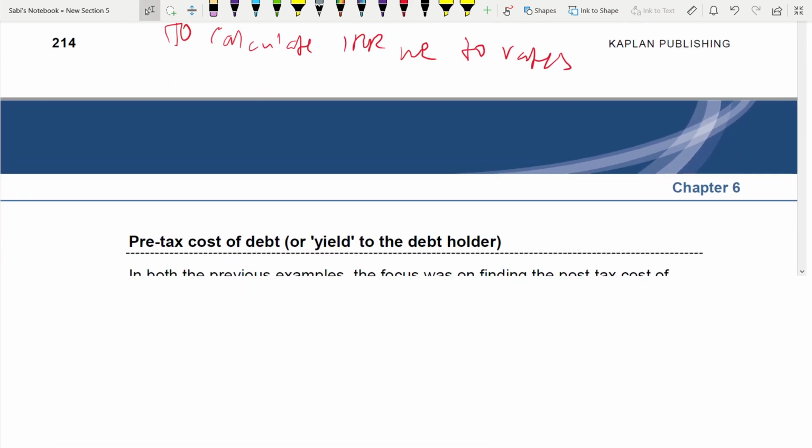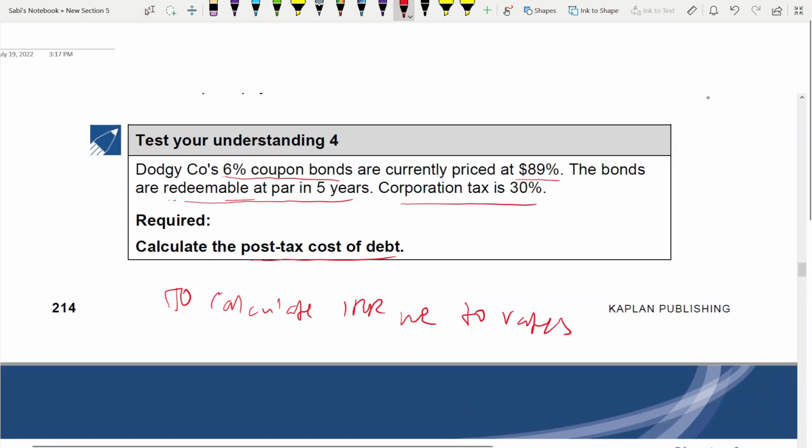So already one interest rate is what? What is the discount rate we are discounting at? This is at 6%. At 6%, what is the price that you are getting? You are getting 89%, right?